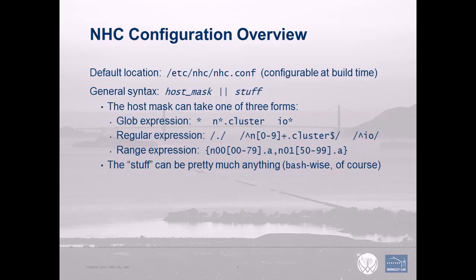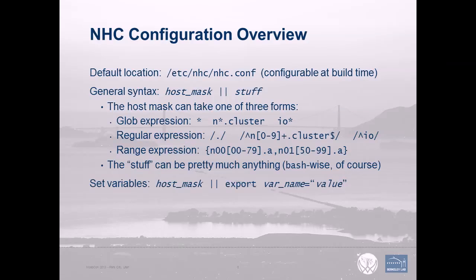After the host mask, we have a double pipe, and then we have stuff. And that stuff is basically arbitrary. The Node Health Check driver script doesn't actually care what comes after the double pipe. It doesn't even see it. Everything is parsed by bash. So this allows us the ability to set shell variables.